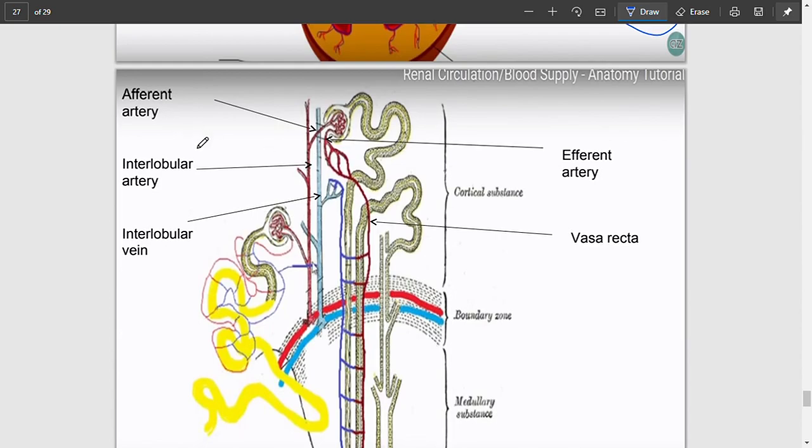Here is the structure. First of all, there is a main artery, and then it will make the glomerulus in the Bowman's capsule. Then you can see the nephron artery, and then it forms the vasa recta with the venous plexus, the interlobular vein.